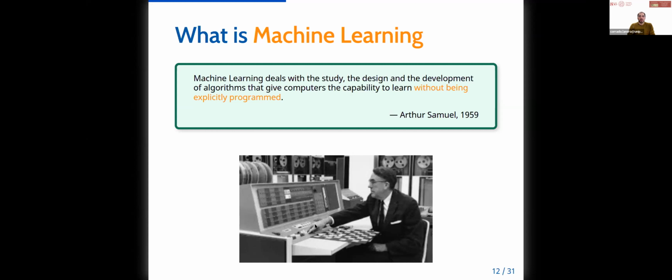The first thing is that computers have learned even before machine learning, but in a different way. And the second thing is the way in which now the computer is learning, without being explicitly programmed. So that means that before machine learning, computers used to learn, but with an explicit program.